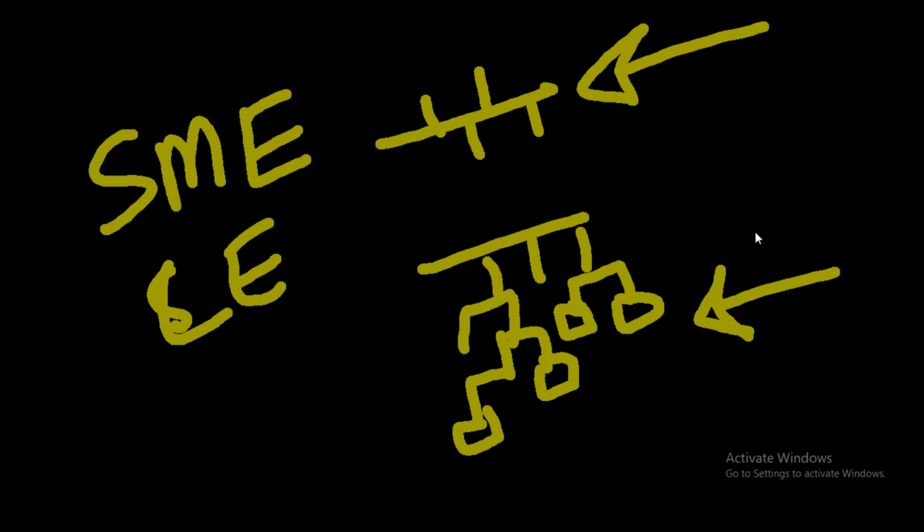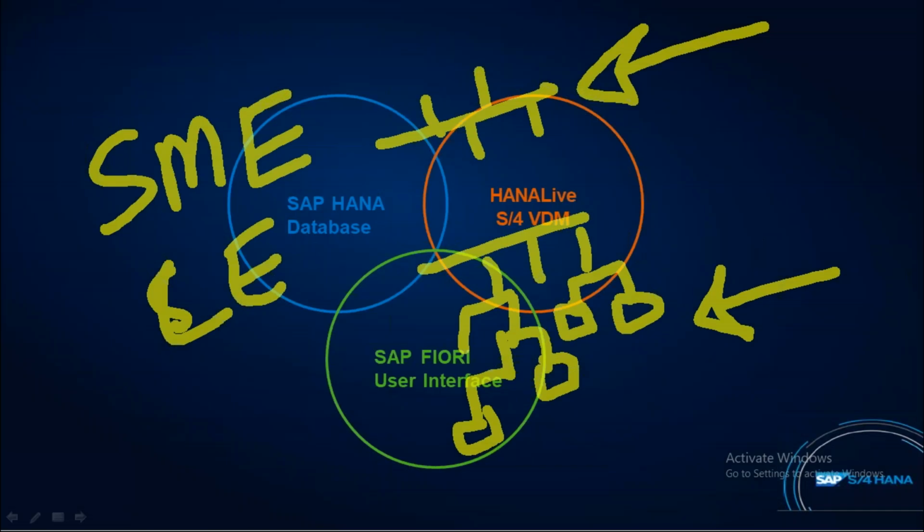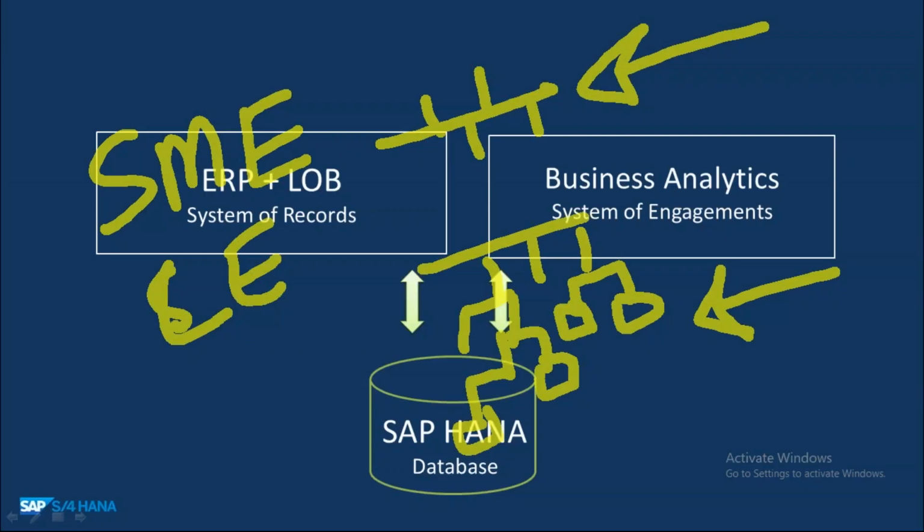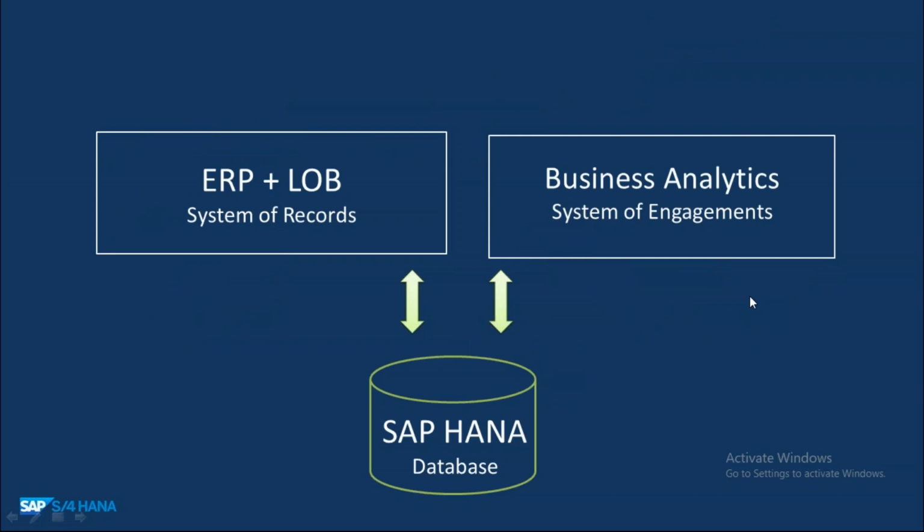So let us come back to our slide over here. Right. So this is the singular model. And you also have large enterprises working with multiple HANA systems when we have a need of staging data for different bulk data processing.